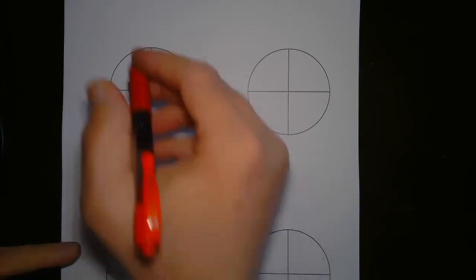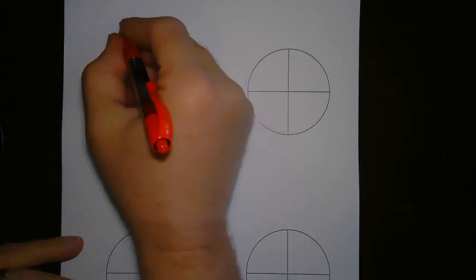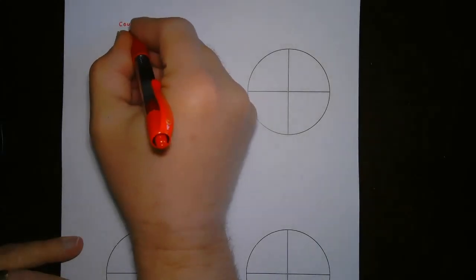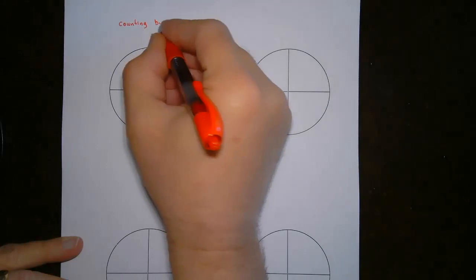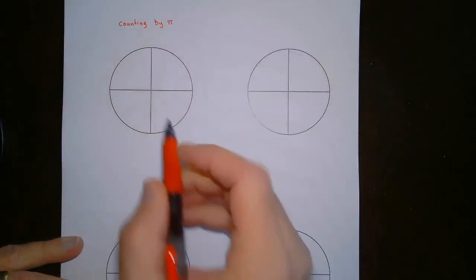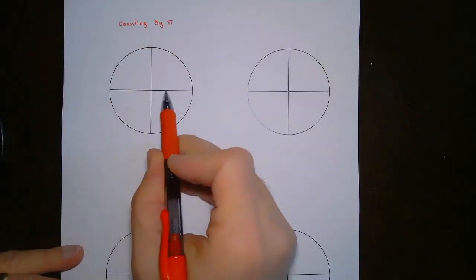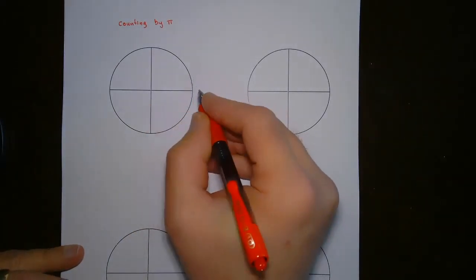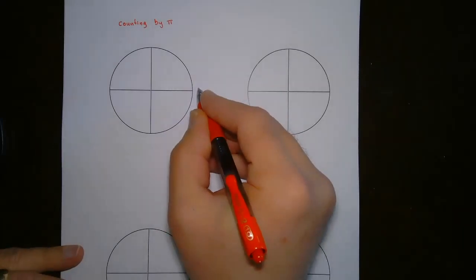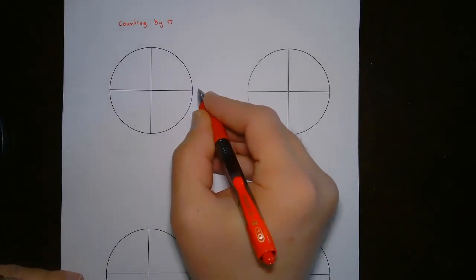Okay, if we're just rotating by pi, let's label this first one counting by pi. So we know from yesterday that this is angle 0, or we could even consider it 0 pi, but we don't usually say 0 pi, we just say 0.